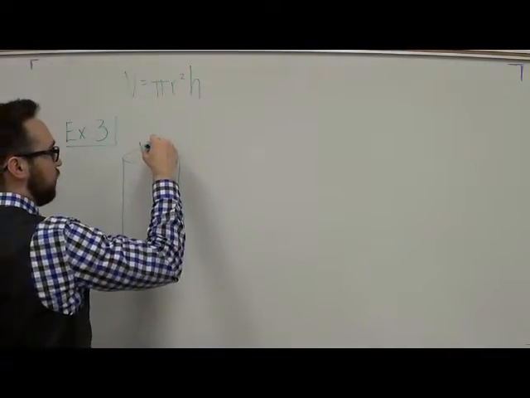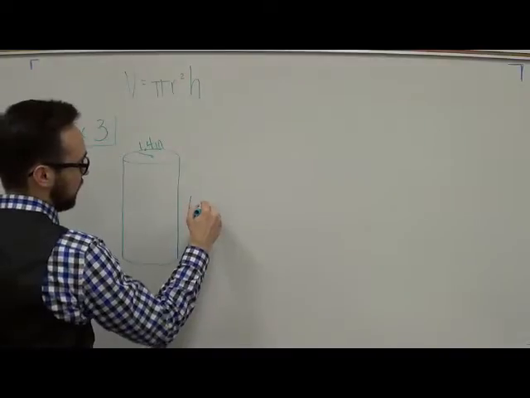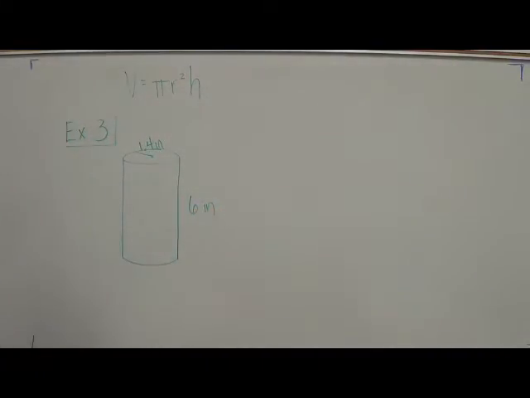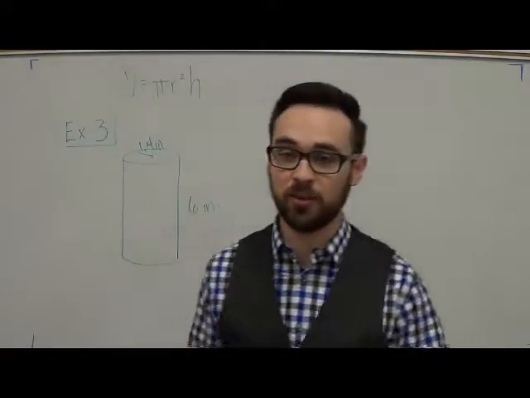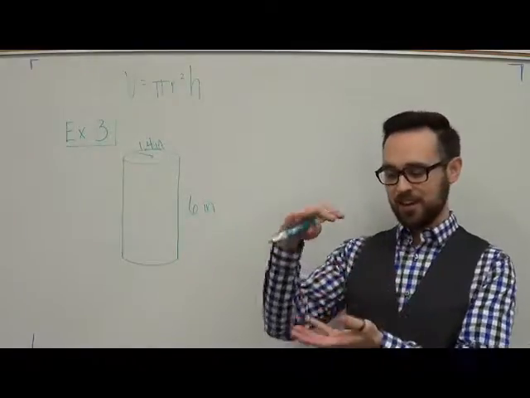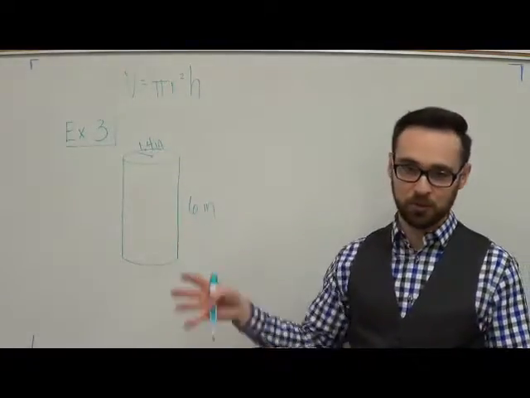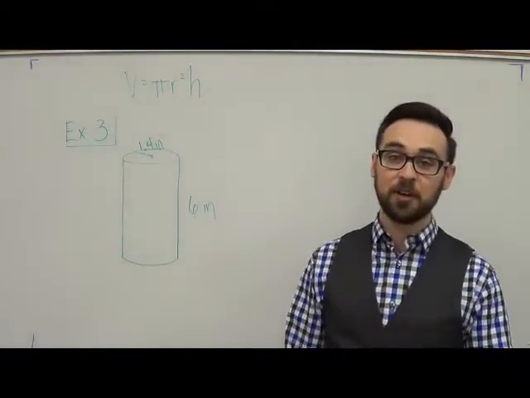So this is 1.4 inches, and the height is 6 inches. Now again, this doesn't really represent anything, but in the problem they give us, it is a can of Parmesan cheese. So if you know when you dump Parmesan cheese in your spaghetti, you have that canister. Well, that's what this is supposed to represent. Obviously I don't have that picture, and I'm not about to draw that picture.